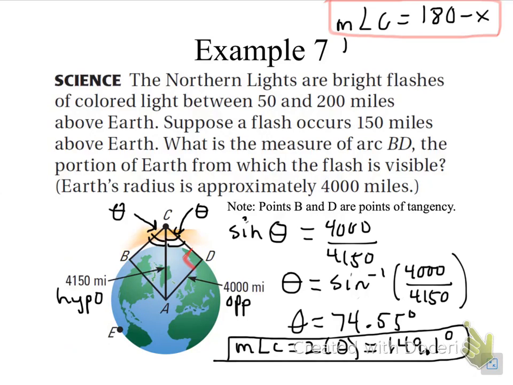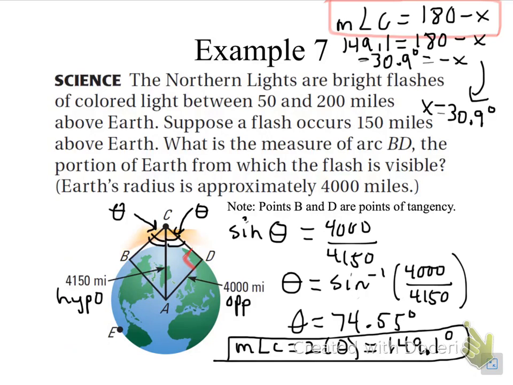I'm going to put 149.1 degrees equals 180 minus x. And if we do some work, subtract 180 from both sides, we'll get negative 30.9 degrees for negative x. So we can get our final answer for x is 30.9 degrees. So this arc here is 30.9 degrees.